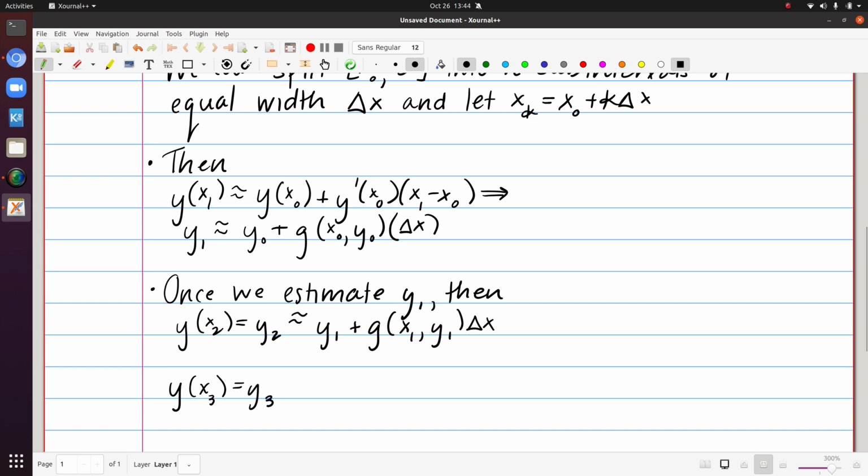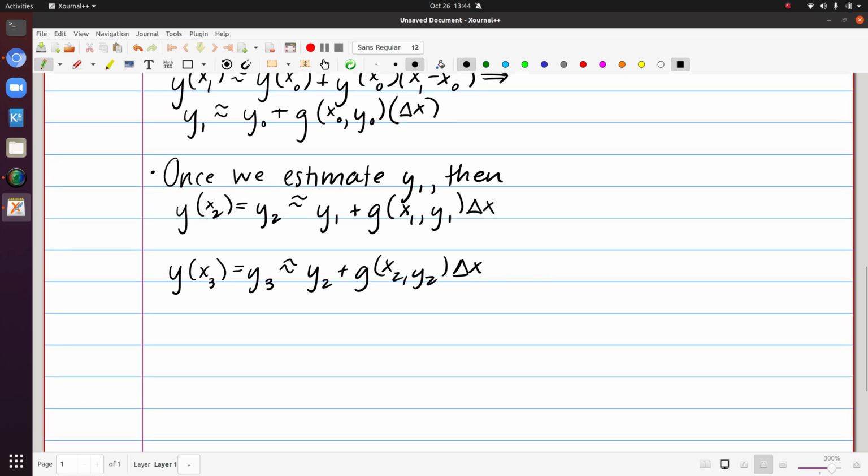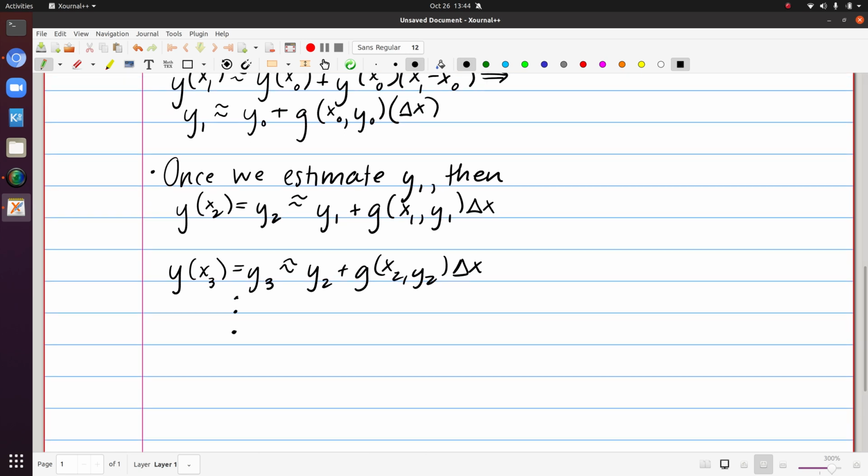And we are now going to be able to use a bunch of linear approximations until finally we get to the desired x value, which we're using here to call b. But in general, what I'd like to formalize is this equation.